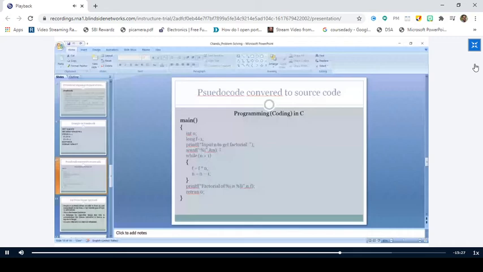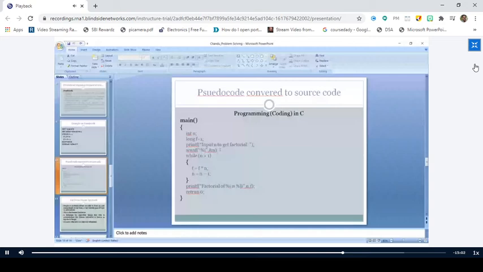There is no need to concentrate on the syntaxes. You just concentrate on the logic only, right? But an algorithm needs to concentrate on logic as well as the syntax, right? And one more important thing is the pseudocode can be written using English language only, but algorithms can be written using English as well as other natural languages also, right?